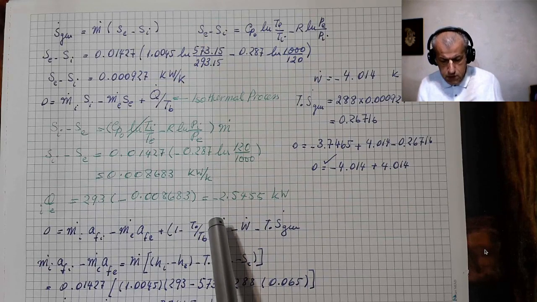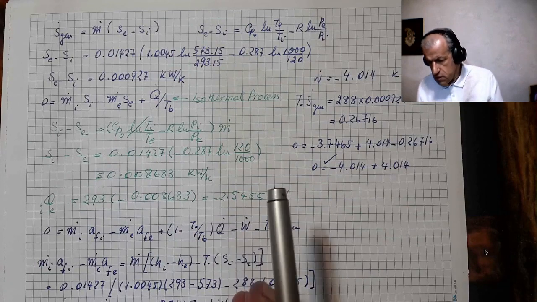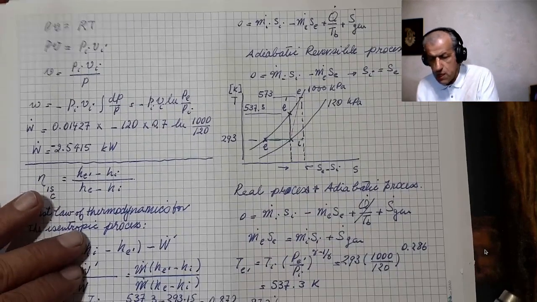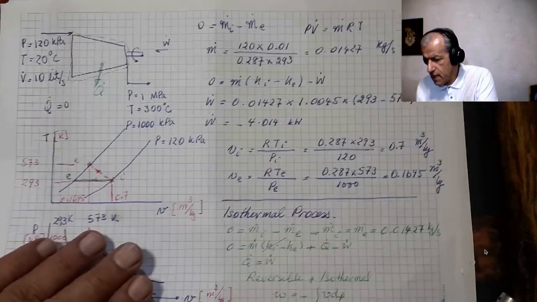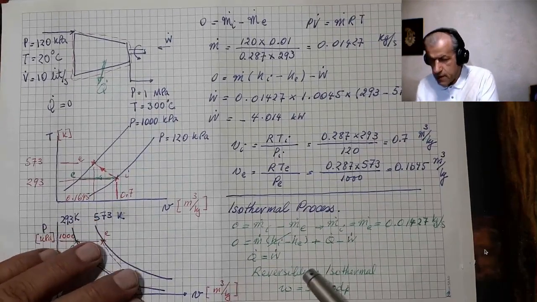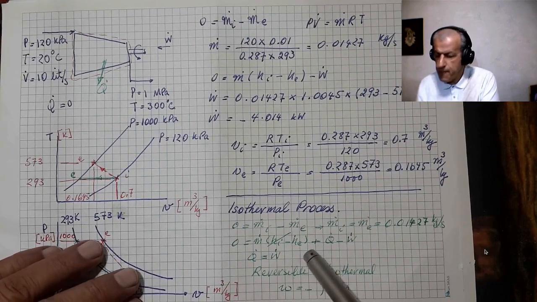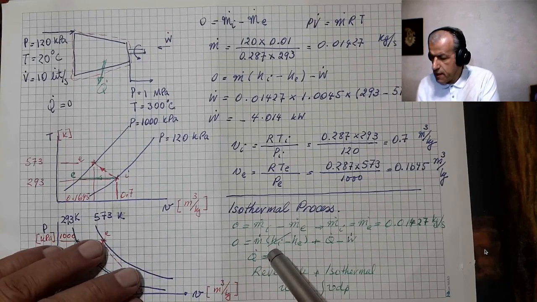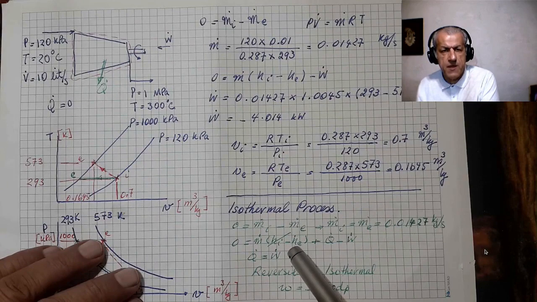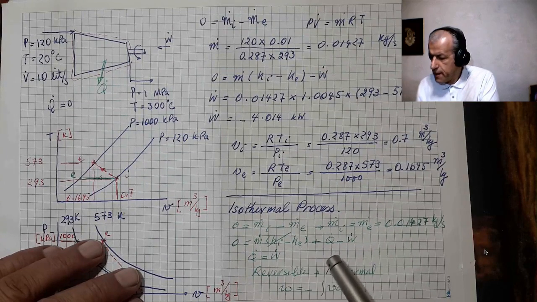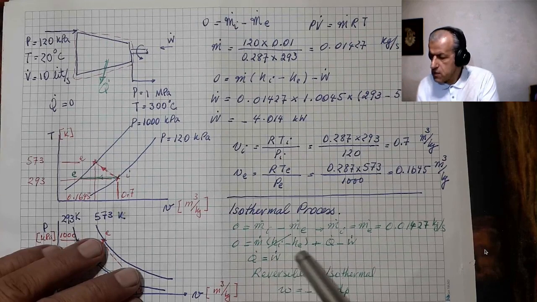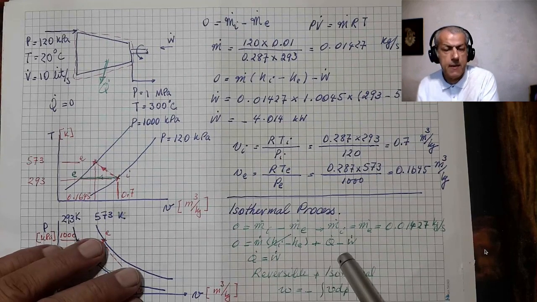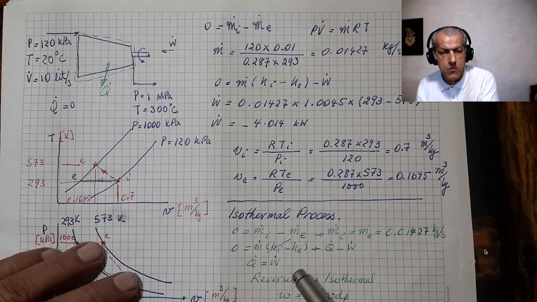And is it surprising, or is it natural? Should they be exactly the same? And the answer is yes. In the isothermal process, enthalpy is a function of temperature, and therefore, for a steady isothermal process, Q dot and W dot are equal.